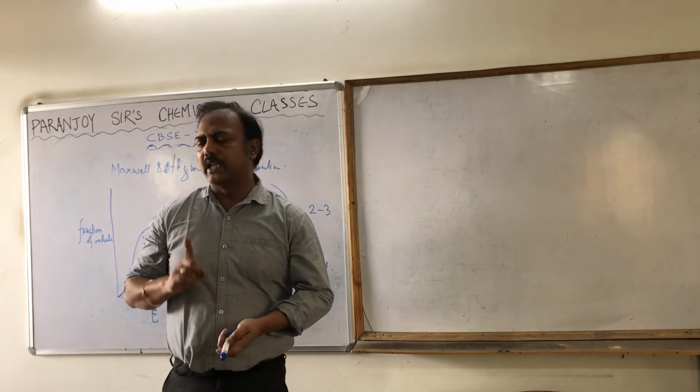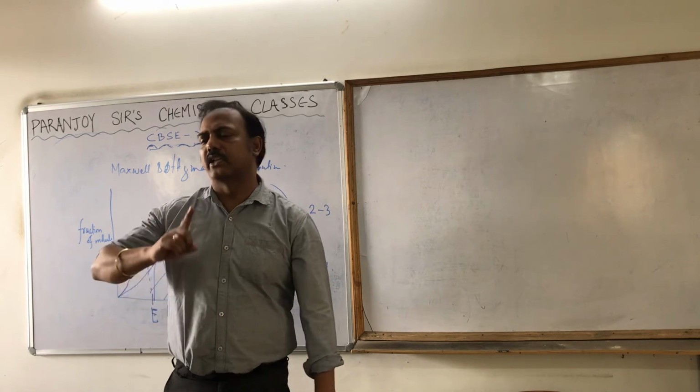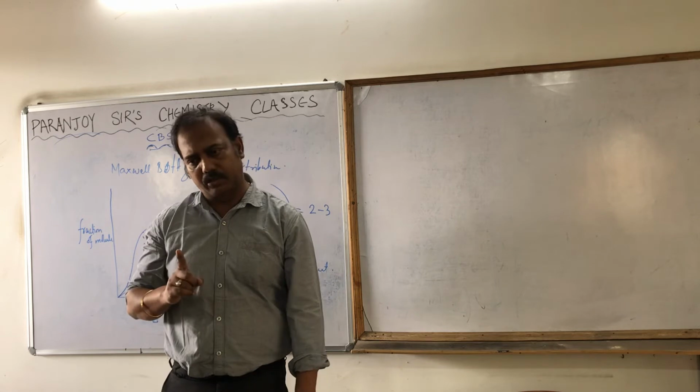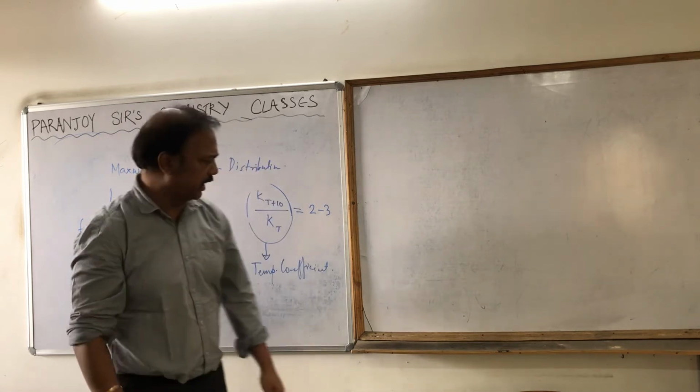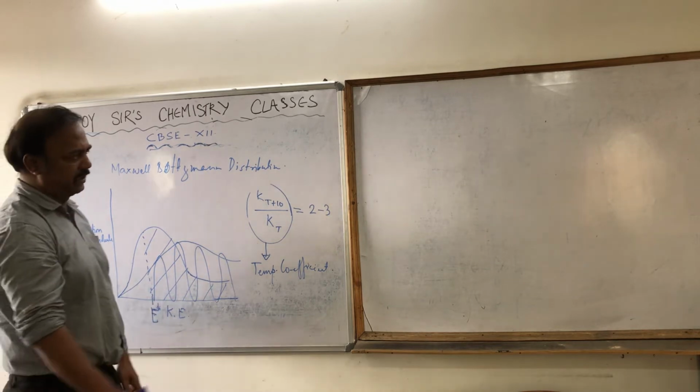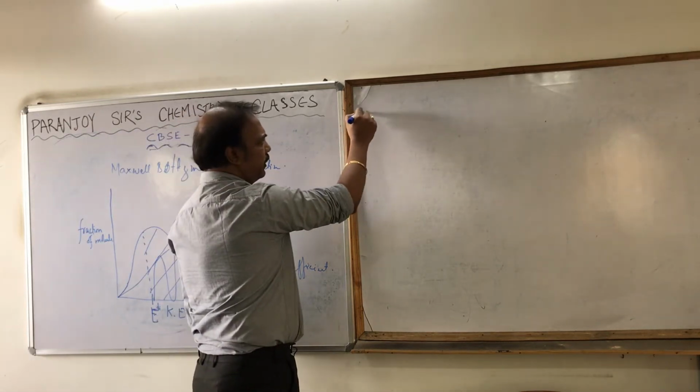E is the energy that must be present in one molecule to undergo the reaction. Generally we represent it by E star, not by E. So what is E star?